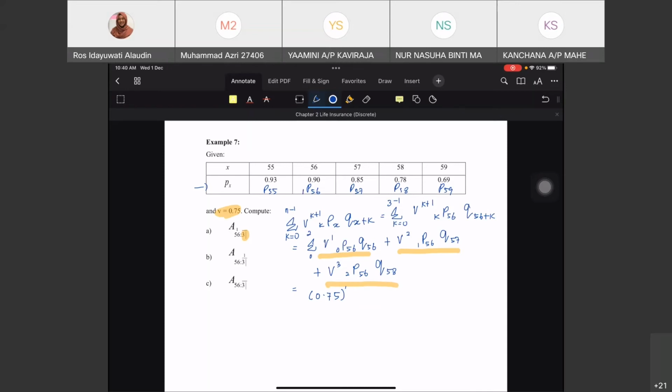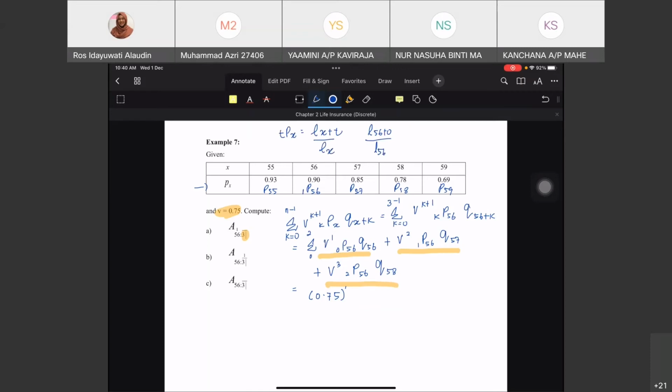If we don't have a number at the back, you know that it is equal to 1. What does it mean by 0p56? It means that l56 plus 0 over l56, isn't it? Because tpx is equal to l(x+t) over lx.